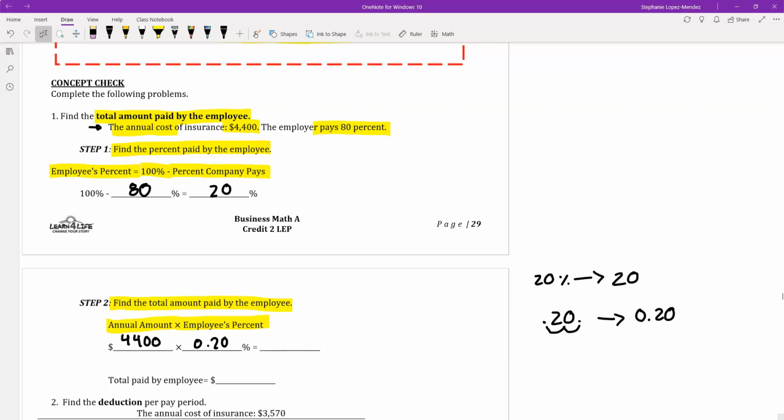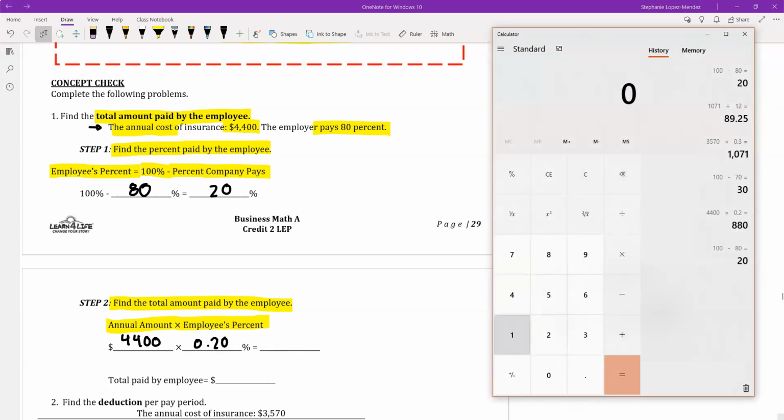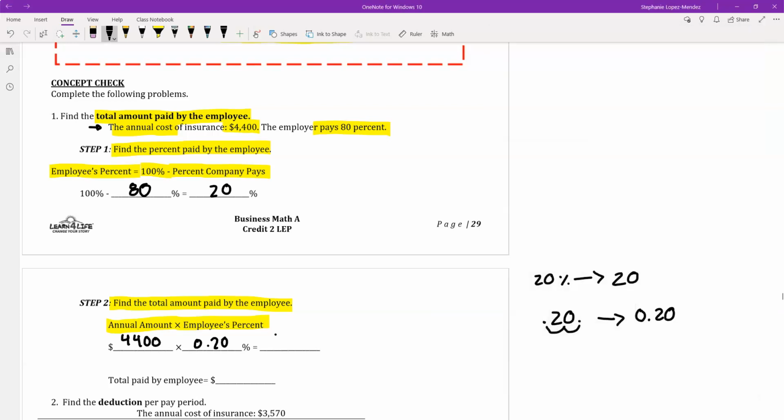On my calculator, 4,400 multiplied by 0.20 gives me a total of 880. So the total paid by the employee is $880.